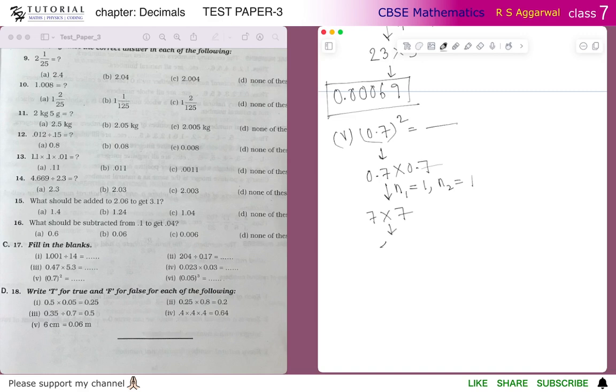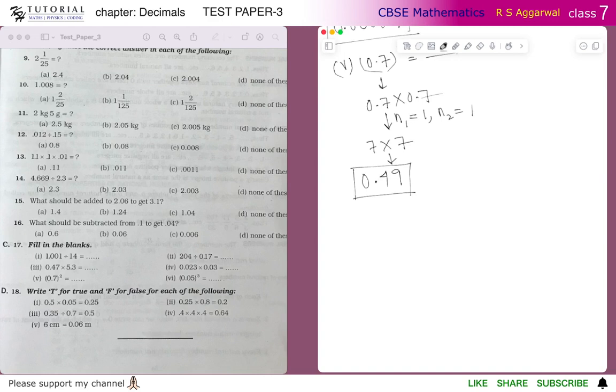This is 49, and now we have to put the decimal point in 49 such that its decimal places becomes 2. Why 2? n1 plus n2 is 2, so that will be 0.49. This is the answer.